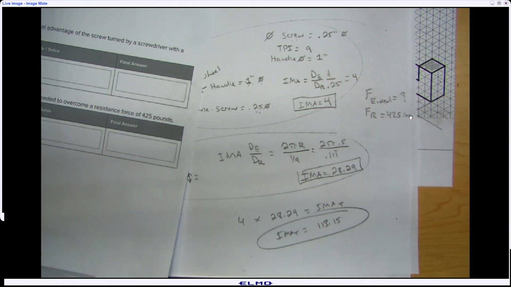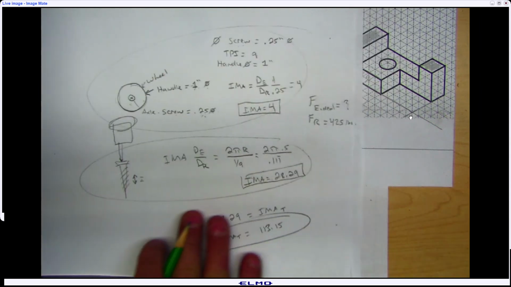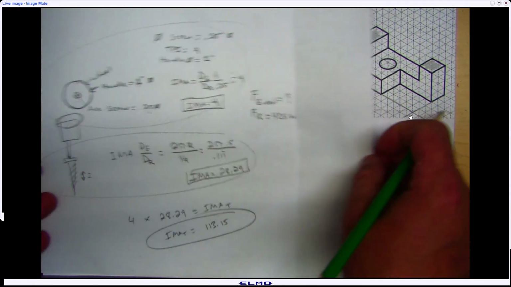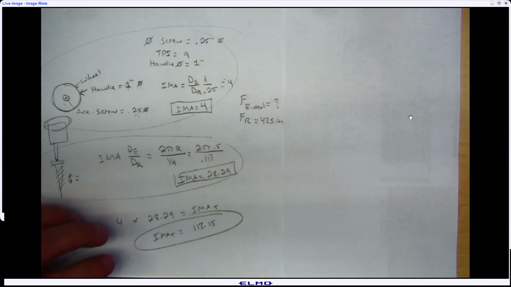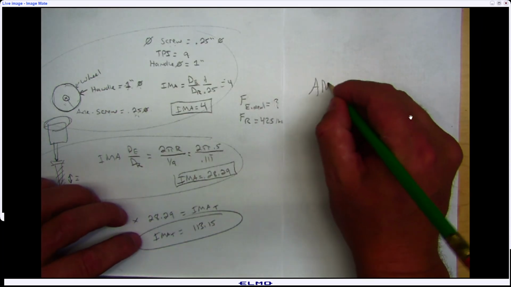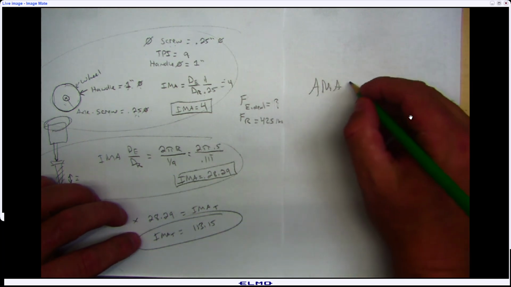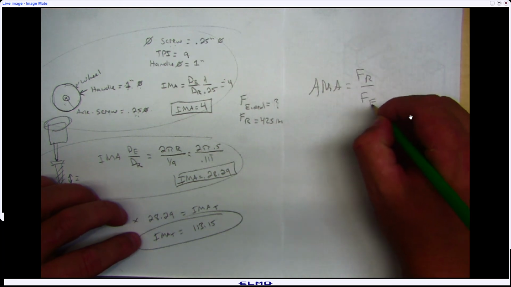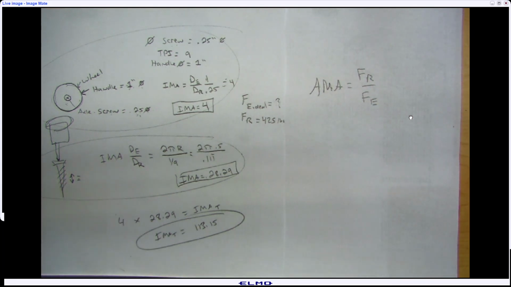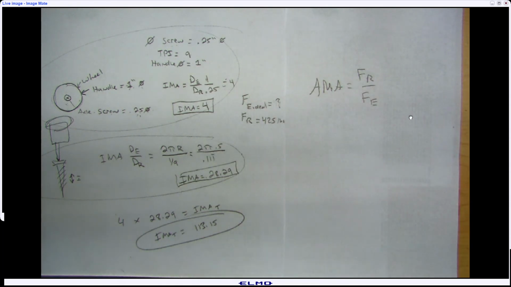If I look at AMA, that's force of resistance over force of effort. I know I'm not looking at actual mechanical advantage here, but I can use the same formula to solve for that.